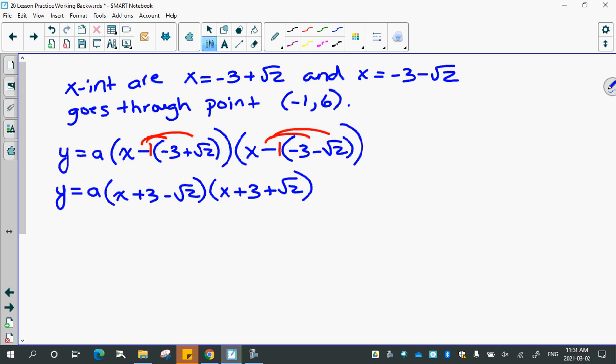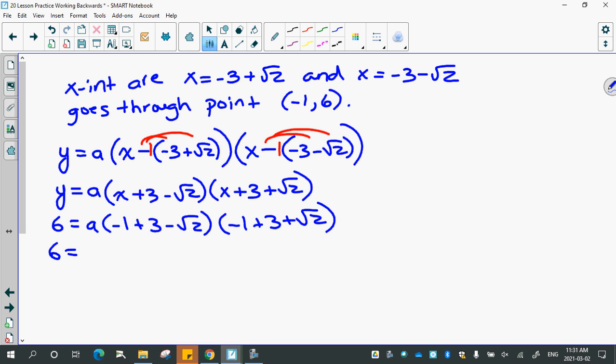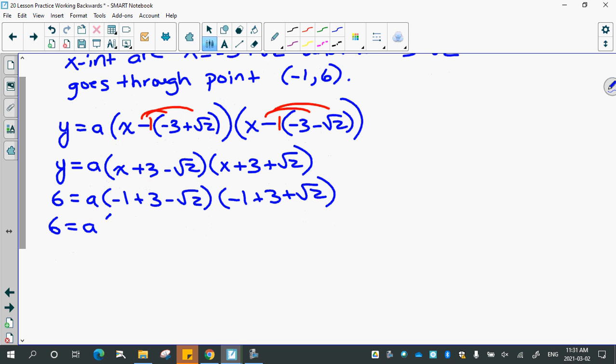So that would be my go-to line for intercept form. Now I'm going to replace y with 6 and x with negative 1. And now a is my only unknown. Negative 1 plus 3 is 2. So now I can do FOIL.